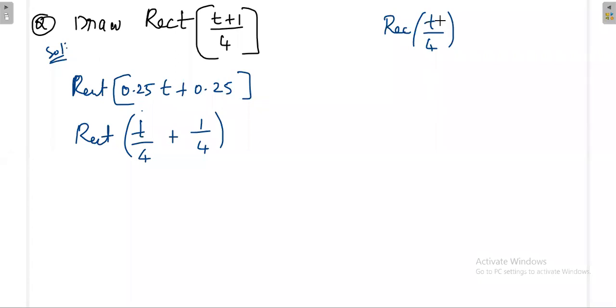If you take t by 4 simply, t by 4 will vary between minus 2 to plus 2. Then what will be the variation of t by 4 plus 1 by 4? You simply add 1 by 4 with this.